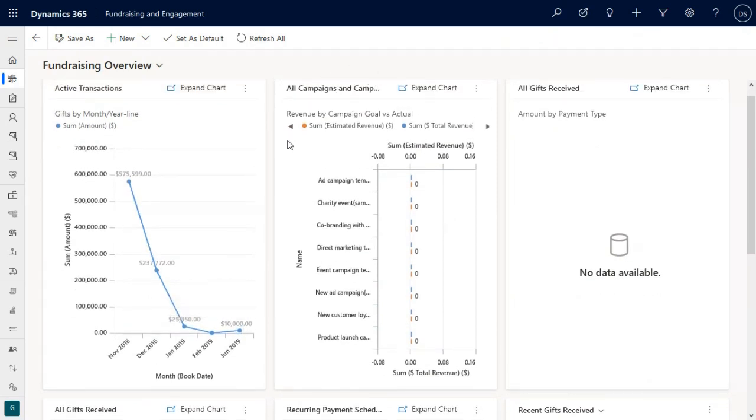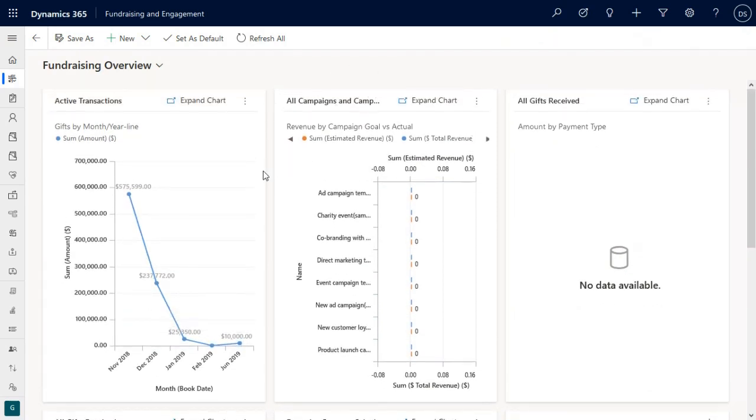You can even see what all campaigns your organization is running. How are they performing? Are they able to generate the required amount, or are you able to target the individuals or the donors which you need to? You can manage all of that over here.